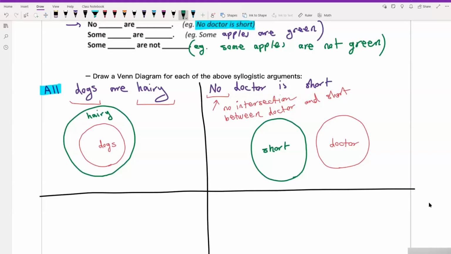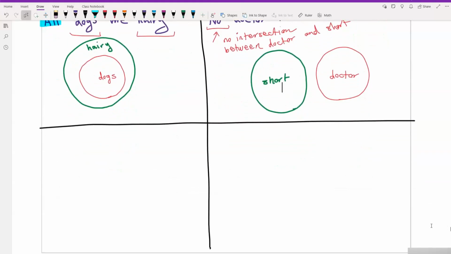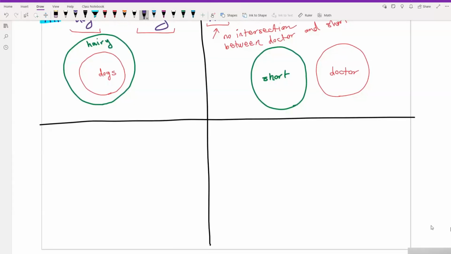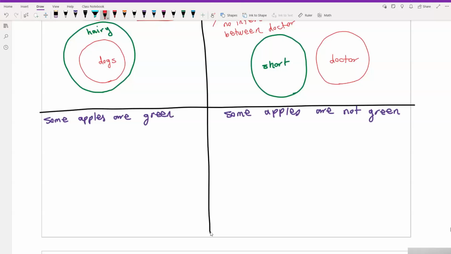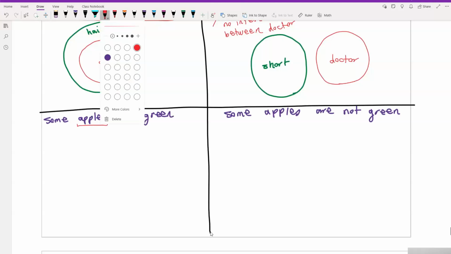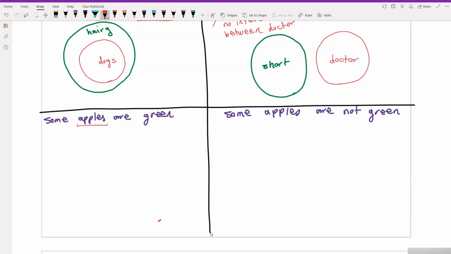The third one is some apples are green. Again, I'm going to draw this part first. So here we have apples.